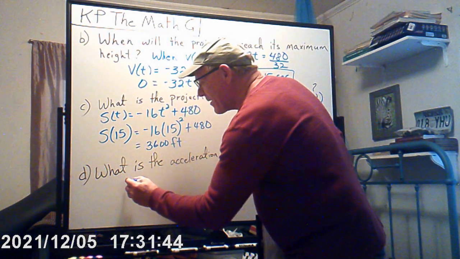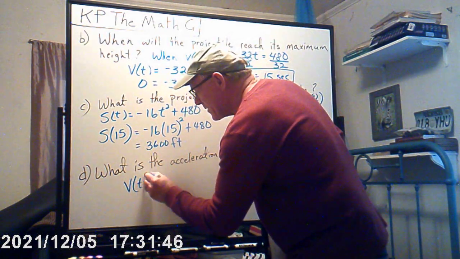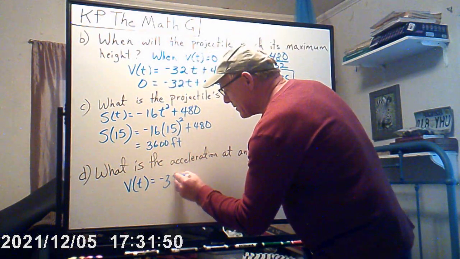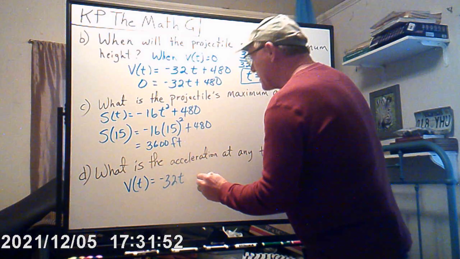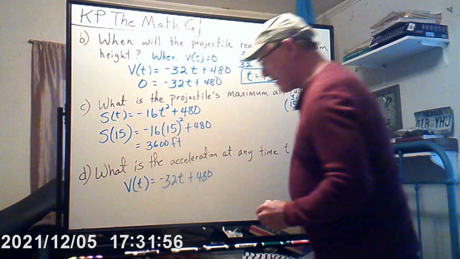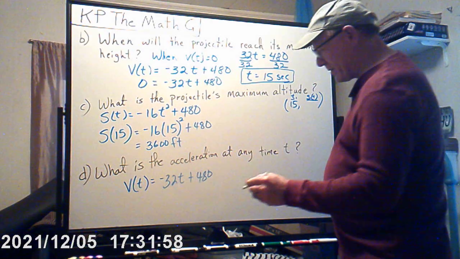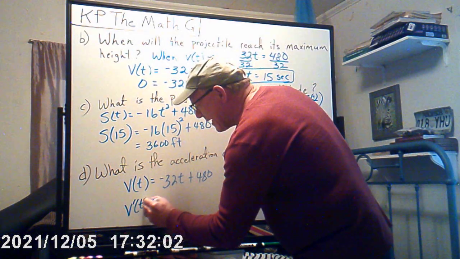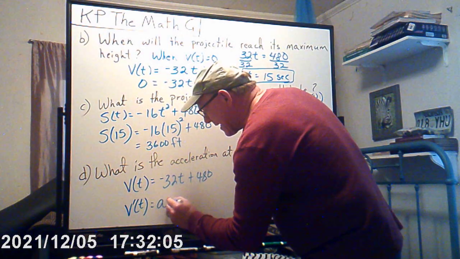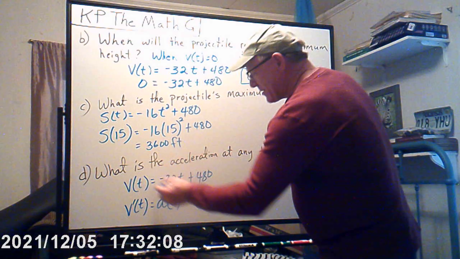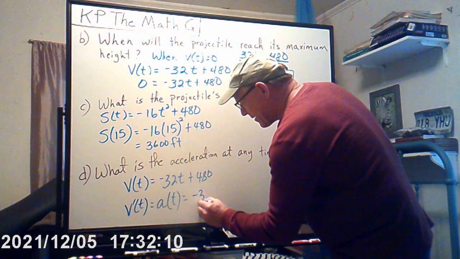So we have v of t equal to negative 32t plus 480. And what we want here is v prime of t, which, if you just take this derivative, is negative 32.